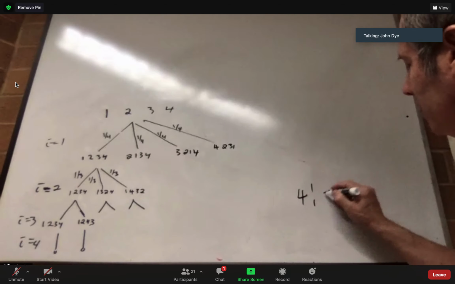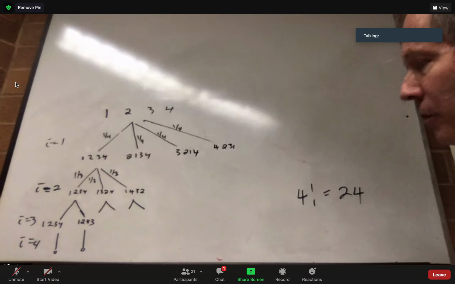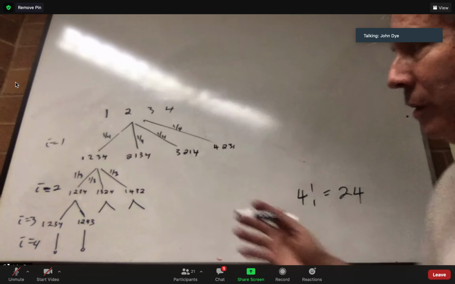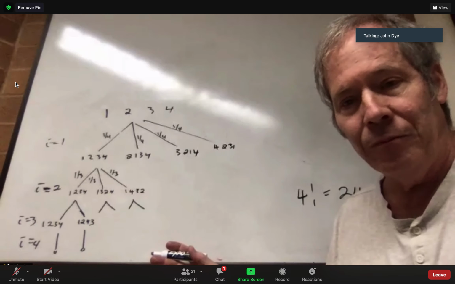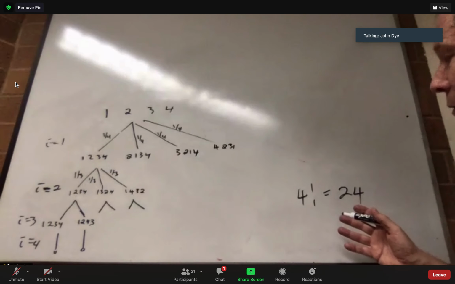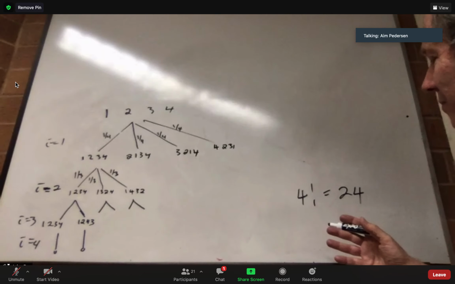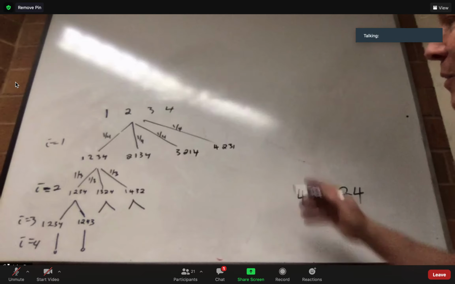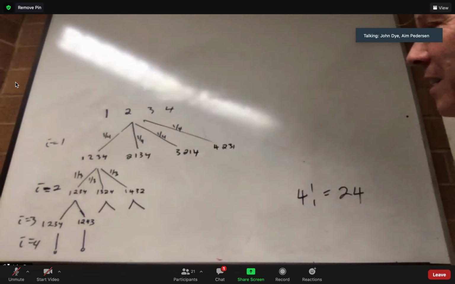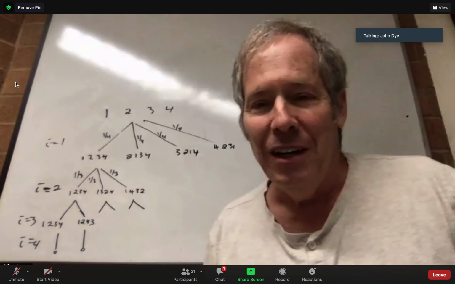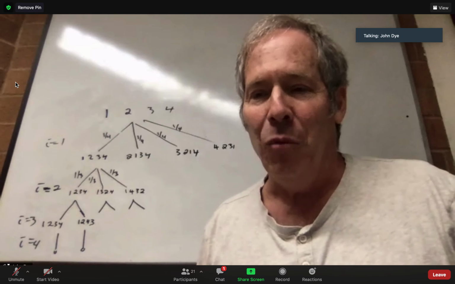How much is 4 factorial? 24. I don't know how many leaves there are; these are things you'll do when you work out the problem. But if you have 24 leaves, 4 times 3 times 2, you better have each permutation showing up once.